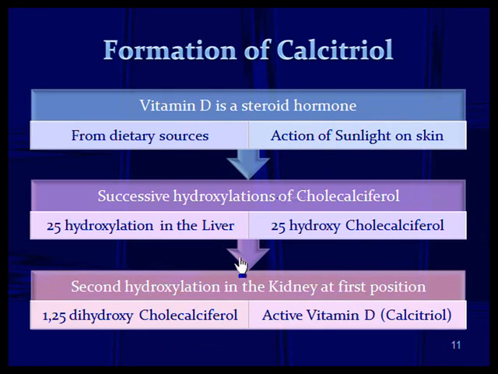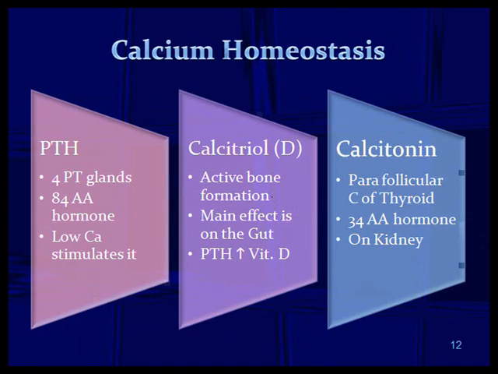The first hydroxylation occurs in the liver, 25 hydroxylation, and the cholecalciferol is converted into 25 hydroxy cholecalciferol. This is further hydroxylated at the level of the kidney in the first position, and that becomes 1,25 dihydroxy cholecalciferol, which is also known as calcitriol or the active form of vitamin D3.